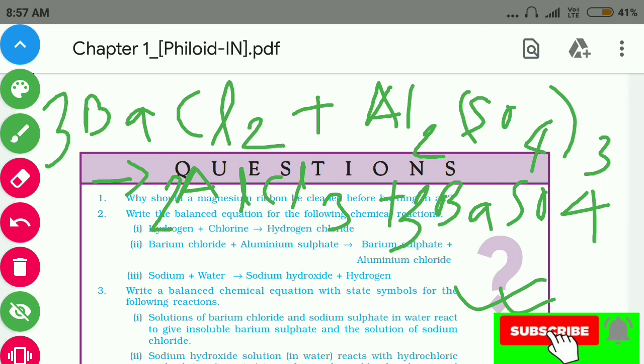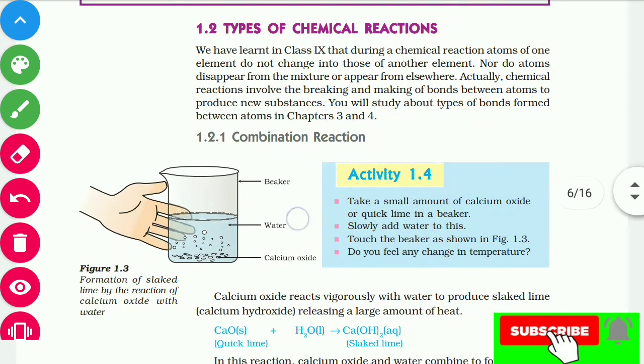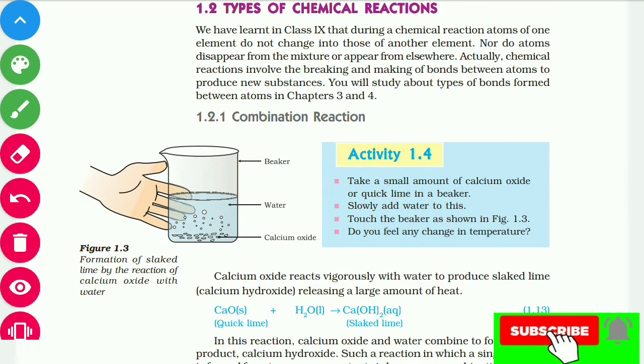So to save your time, I am going to the next page. Types of chemical reactions. This is a combination reaction. On the LHS there are two reactants, CaO plus H2O, giving a single product. This equation is a combination reaction.